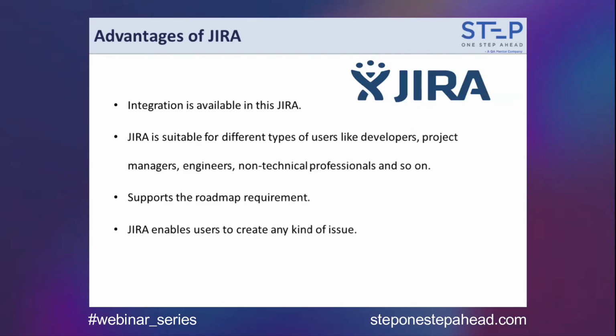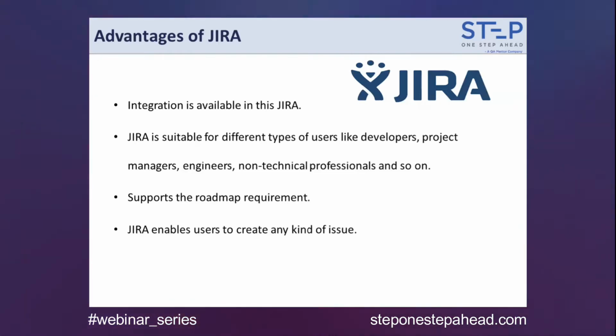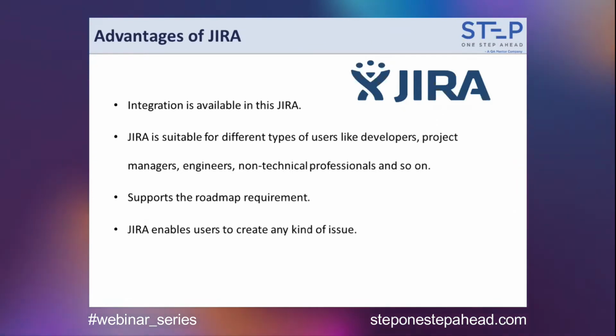It provides the roadmap requirement, which makes it easy for us to go through the project. And Jira also enables us to create any kind of issue. Issues can be bugs, test cases, tasks, user stories, anything. You can create any type of issue using Jira.